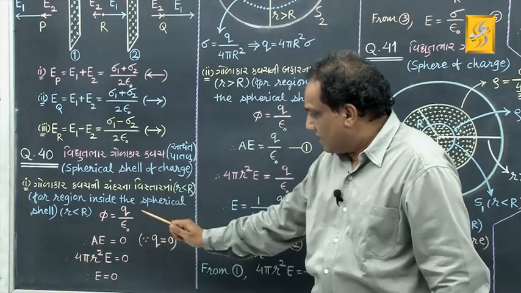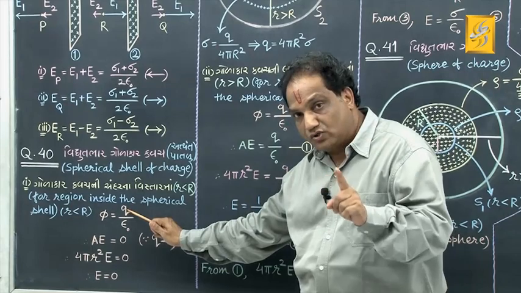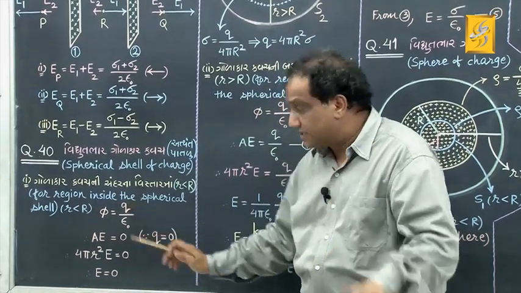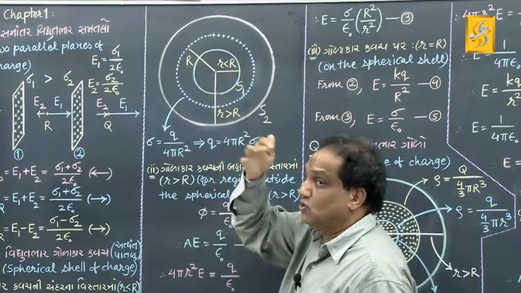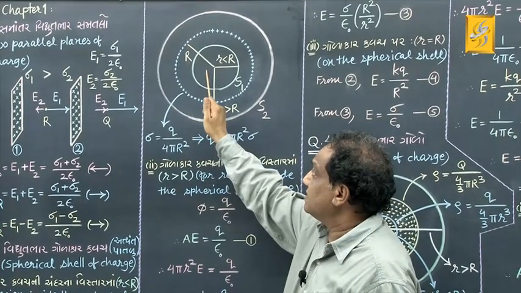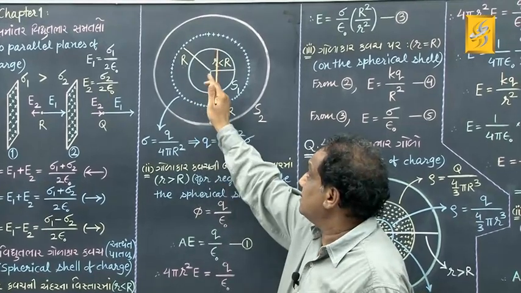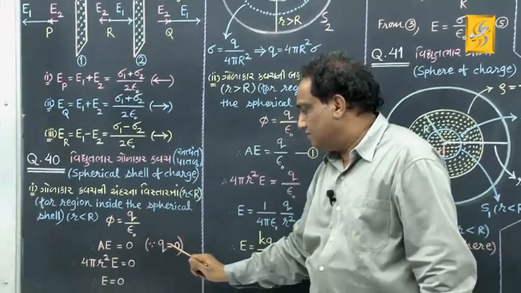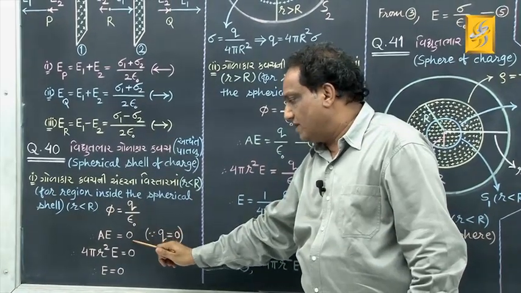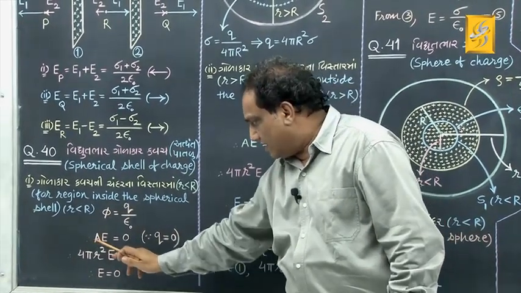Now q is the charge enclosed by the considered Gaussian surface. There is no charge inside this surface, so no charge is enclosed, and because q is 0, 0 upon epsilon 0 will be 0.